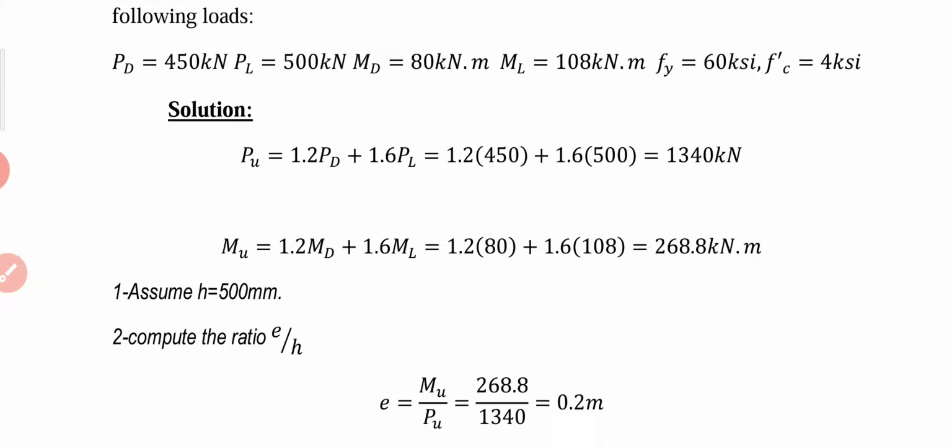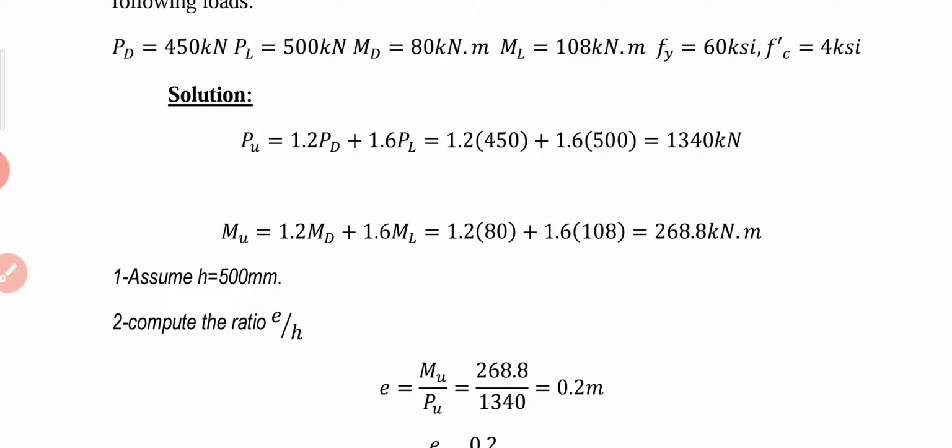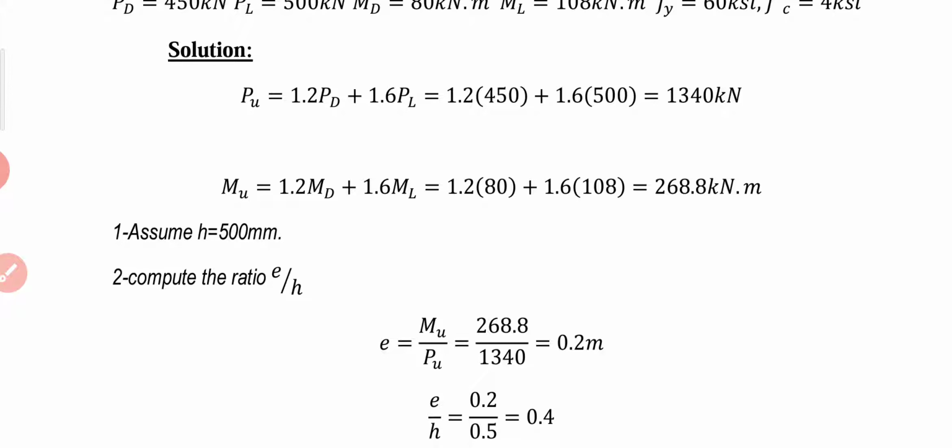In second, compute the ratio e upon h. So e value, which is eccentricity, we can calculate by Mu upon Pu. So these two values are known. So we put the value 268.8 upon 1340, which is equal to 0.2 m.